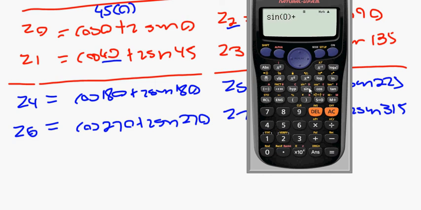I'm fully expecting this to be 0 as well. Sine 45 plus sine 90 plus sine 135 plus sine 180 plus sine 225 plus sine 270, and then finally plus sine 315. What we get here is 0. So 0 plus 0i.